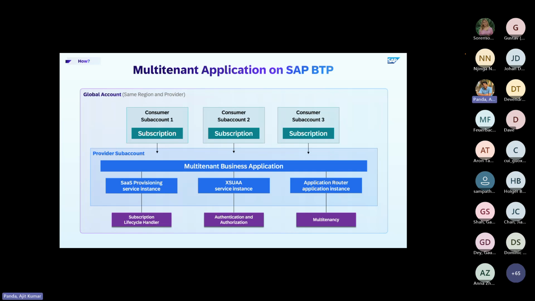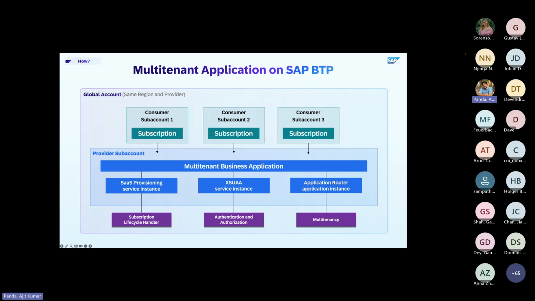So the application router helps in identifying the tenant details based on the host pattern, that is a parameter for setting up the application router, and the access UI instance makes sure that the users are authenticated and authorized from that consumer sub account, right? So this is, in very high level theory, how a multi-tenant application works, right?